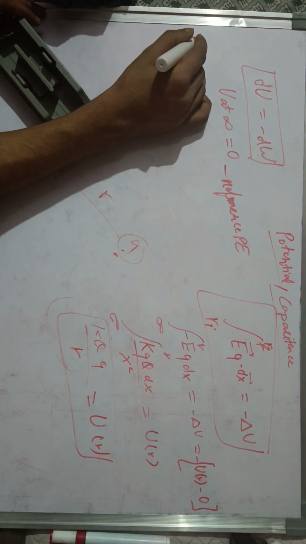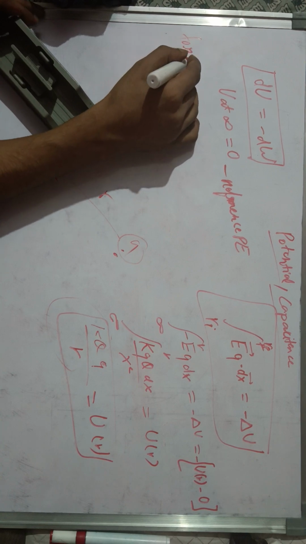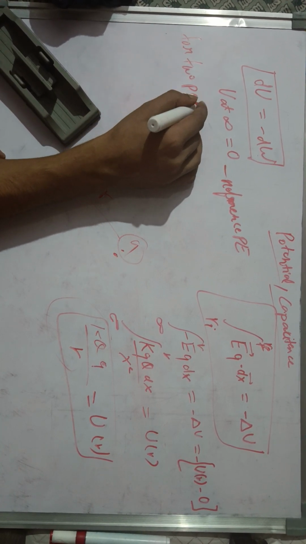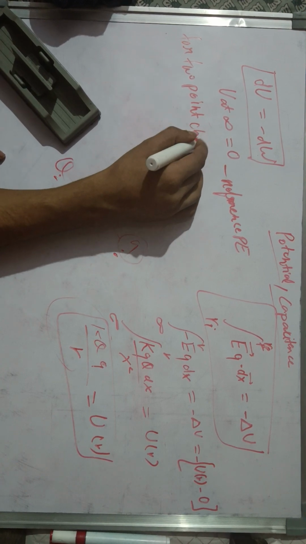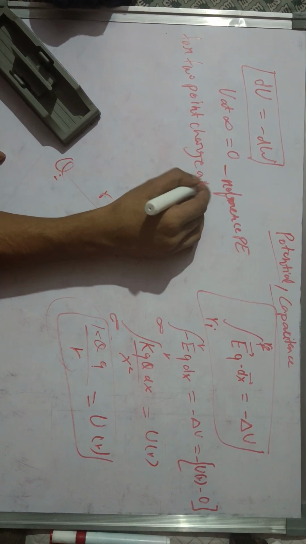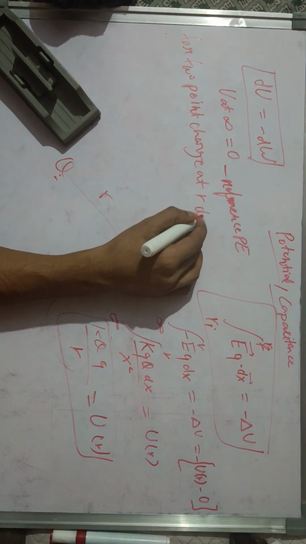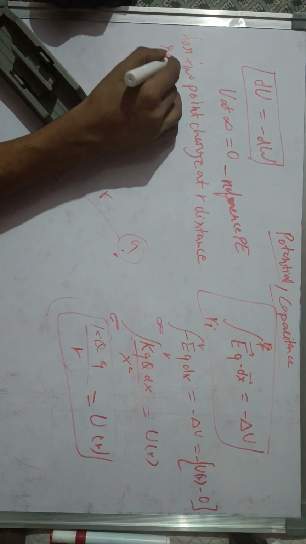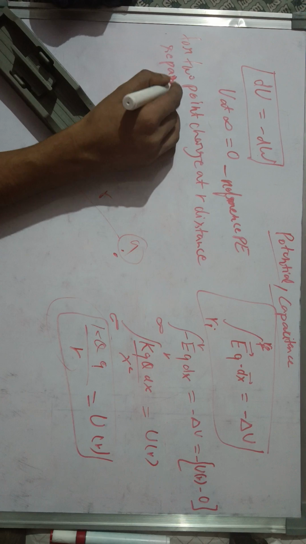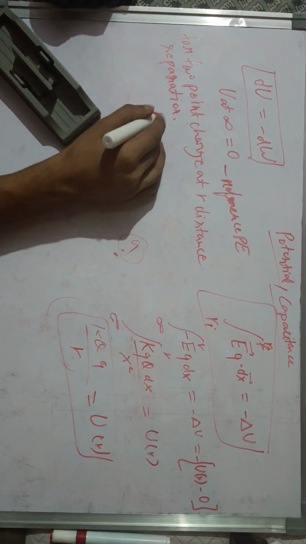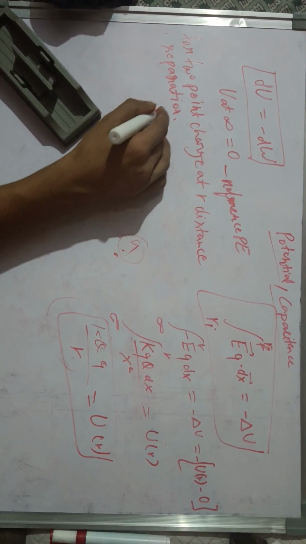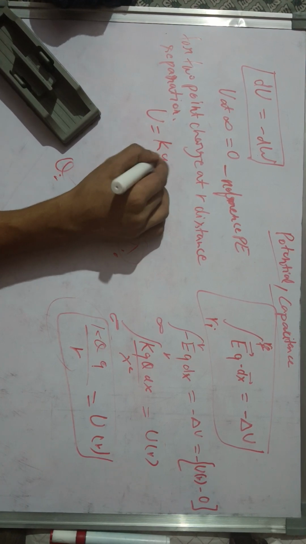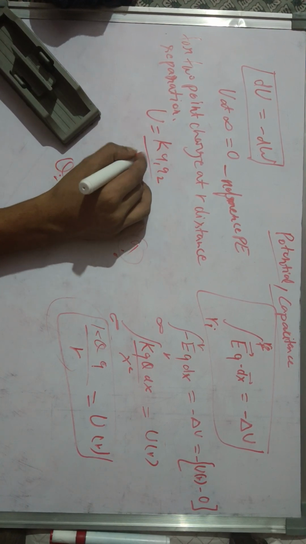Now moving ahead, this becomes the formula for two point charges at r distance separation: potential energy is equal to k q1 q2 over r.